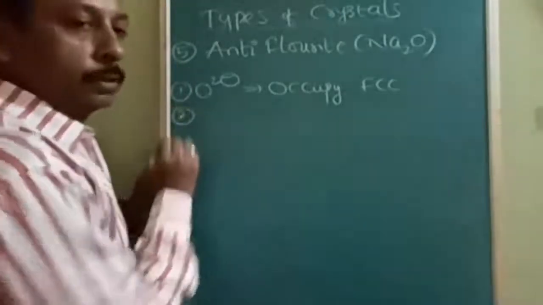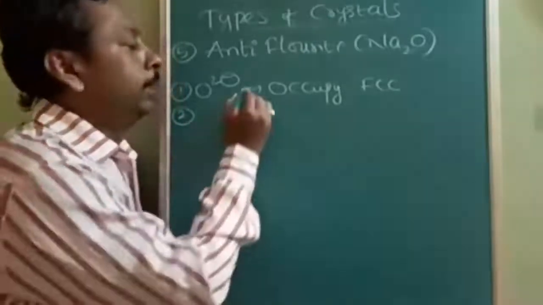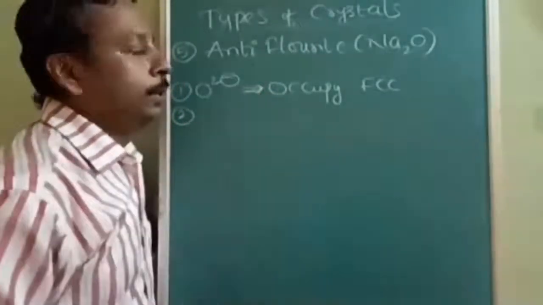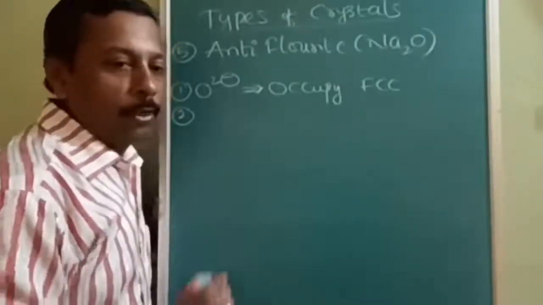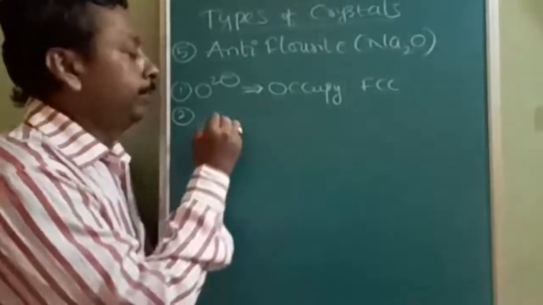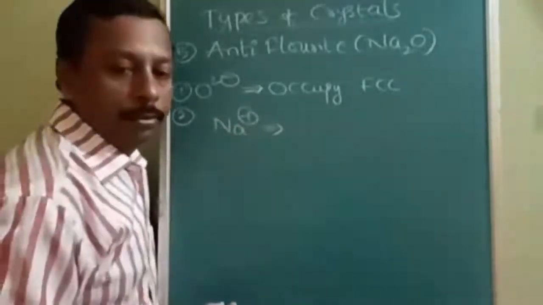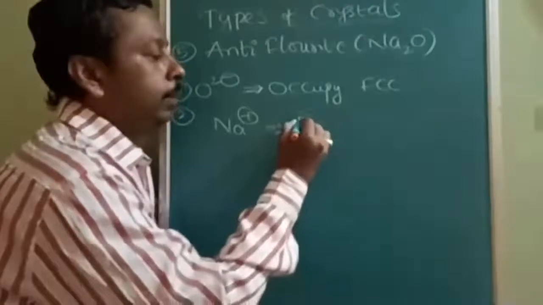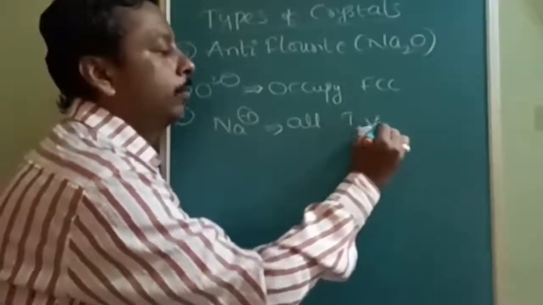Now, you have got so much of an idea, so I want so much of response to come from you. What should be the location of sodium? Sodium should occupy all TVs. Very good. Sodium should occupy all tetrahedral voids.